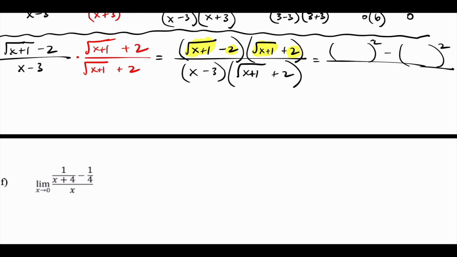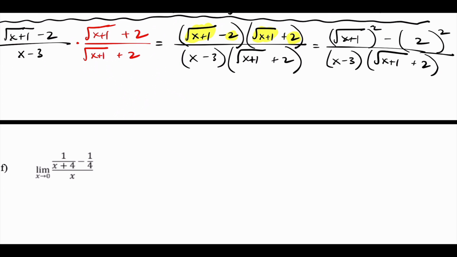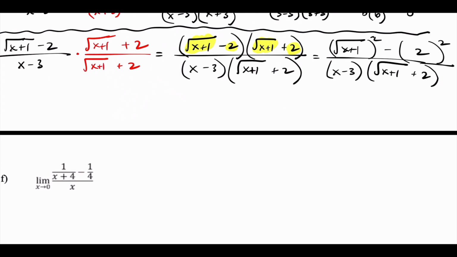So I have square root of x plus 1 squared. That's going to go in the first spot. That's the first term. And then the second term is 2 squared. Bottom stays the same. So let's look at the top now.